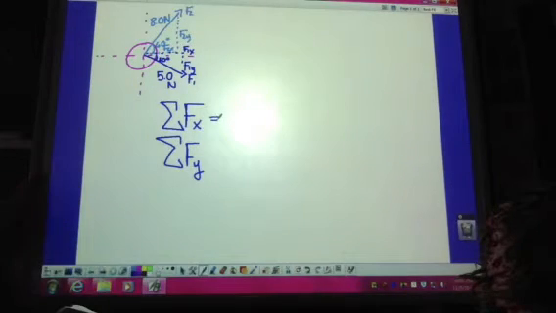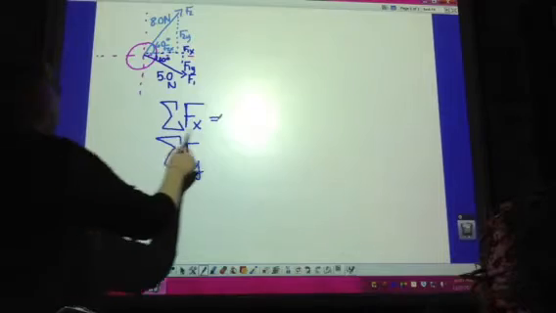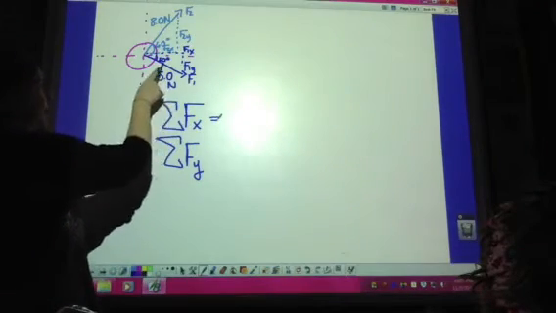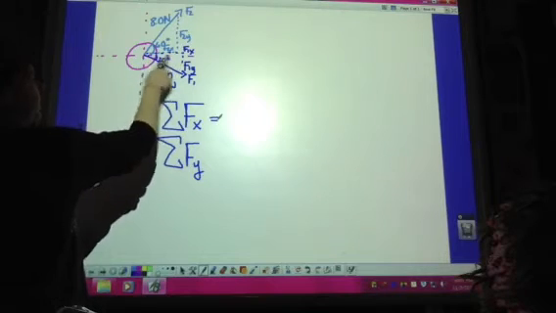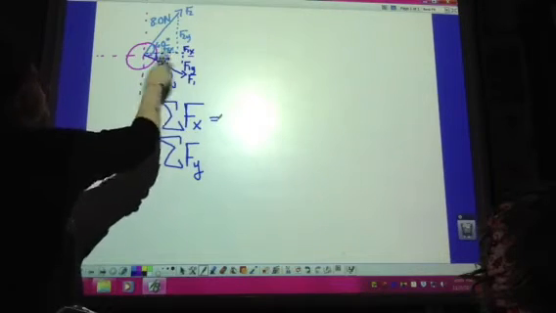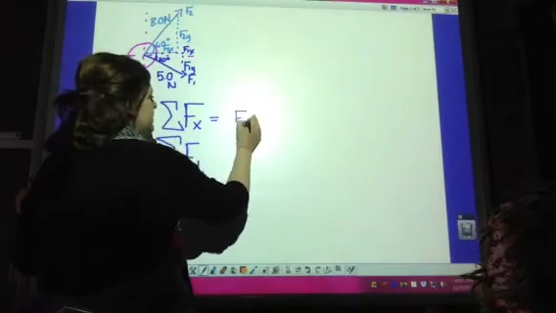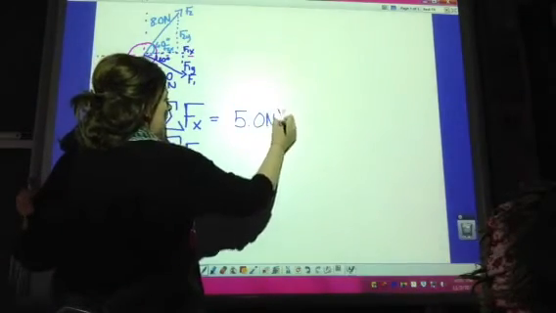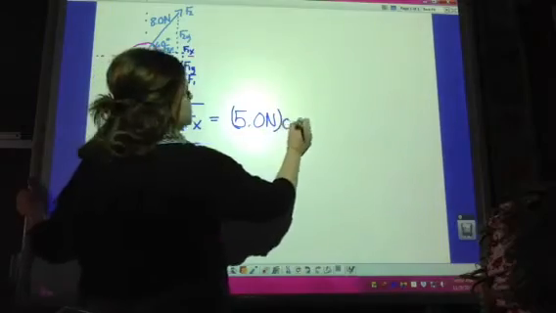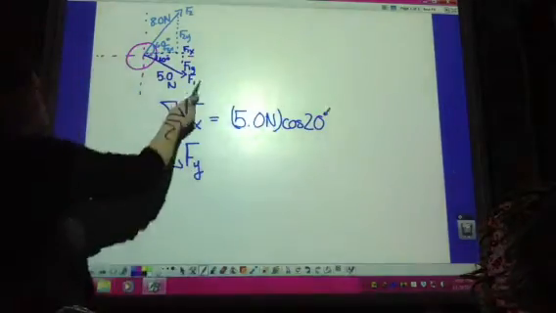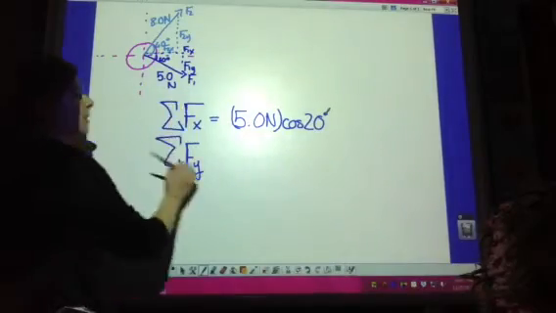So I could find that if I did, let's say, the first force was 5 newtons at 20 degrees. So if I'm thinking about my x direction, my x would be 5 newtons for my first force. I have 5 newtons times cosine of 20 degrees. So this would be for my first force.